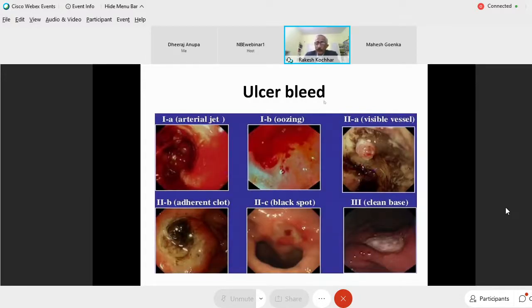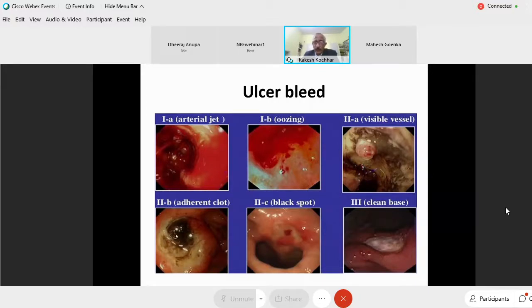Now, other causes of bleeding from the upper GI tract: ulcer bleed is second only to variceal bleed. You can have a jet-like arterial bleeding, or a continuous slow ooze, or only a visible vessel. Sometimes you may have no active bleeding, but there may be an adherent clot.